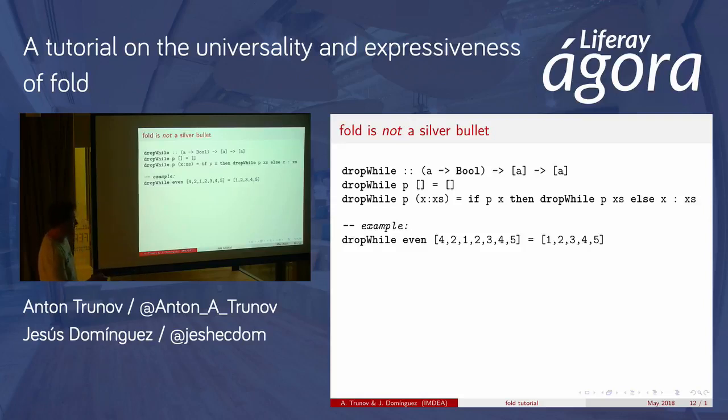Exactly, right? So this is just the input list. But to return the input list, we need access to its tail. But fold does not take the tail. It takes an element of the list and the result of the recursive call. It doesn't mention the tail anywhere.